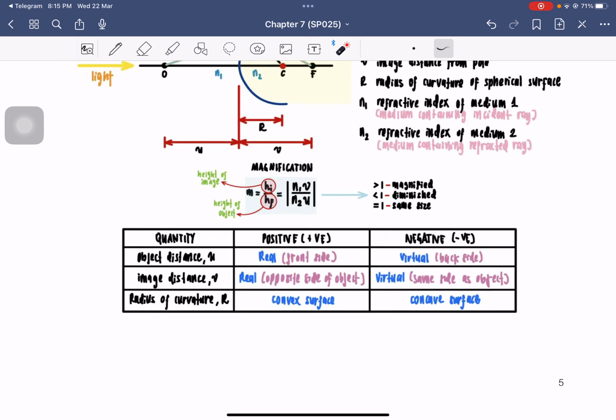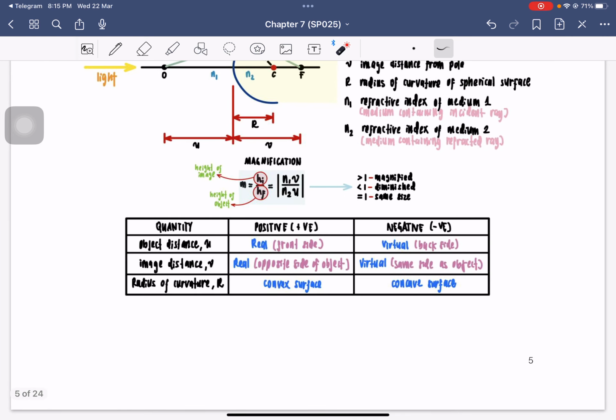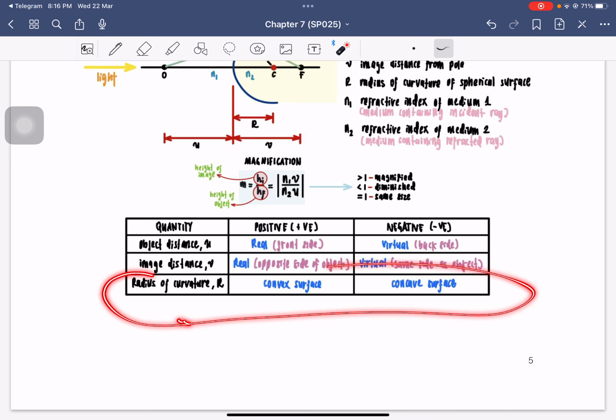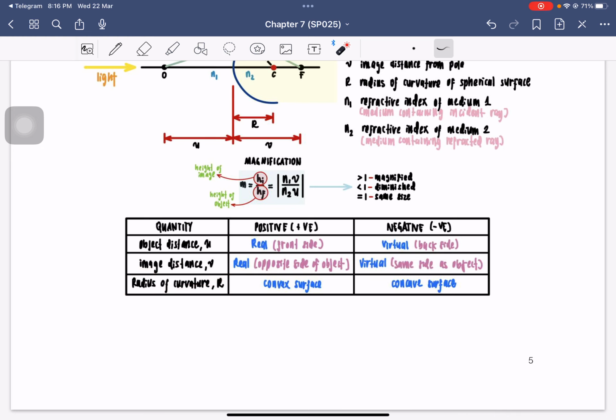Next, the sign convention. For u, the object distance, it is real when the value is positive and virtual when it is negative. Image distance is real when positive and virtual when negative. For the radius of curvature, remember there is a difference between this and the mirror.